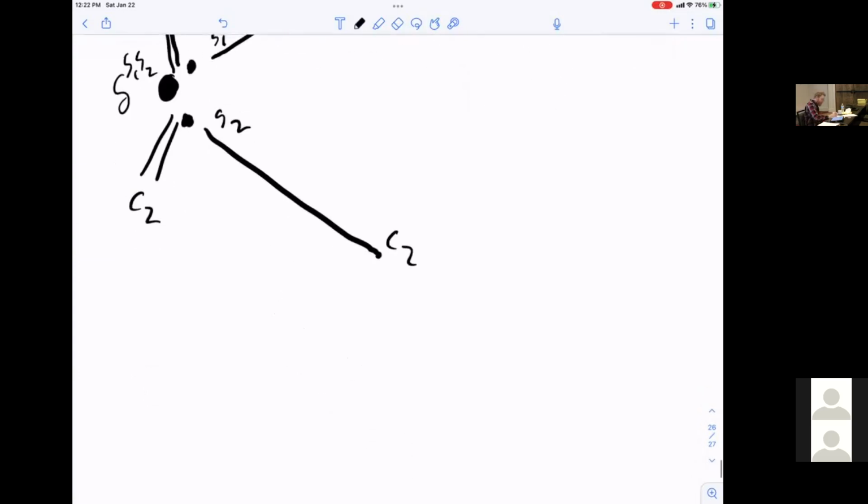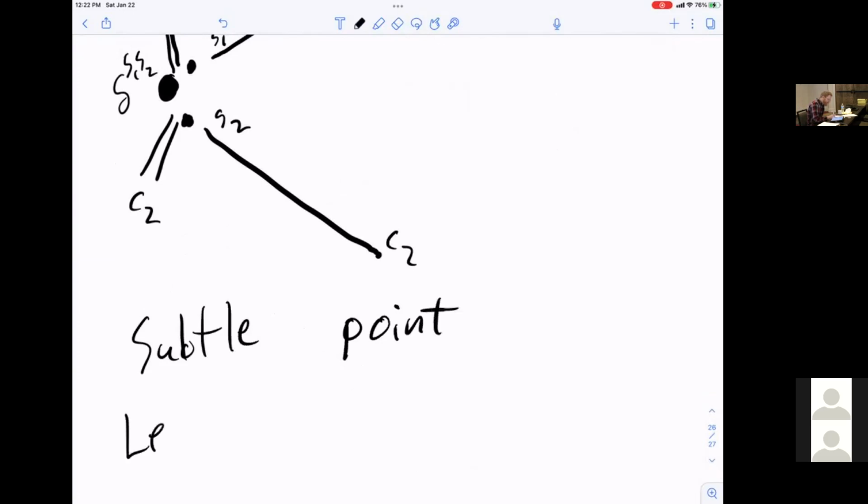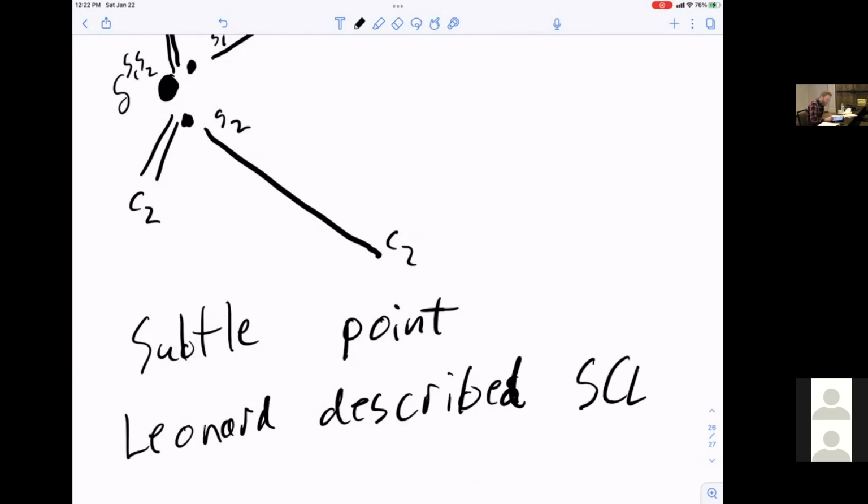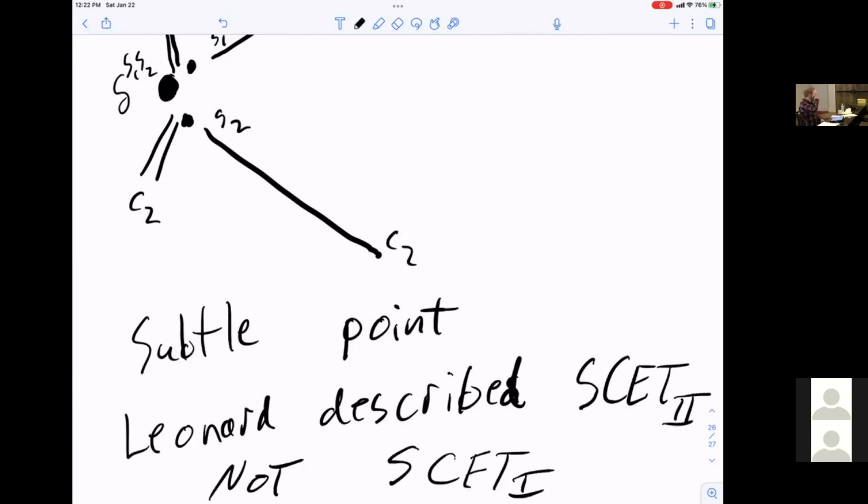Yeah, so this is a subtle point. Without knowing it, you just described SCET2, not SCET1. It has to do with the power counting that you assign the softs that I just glossed over.